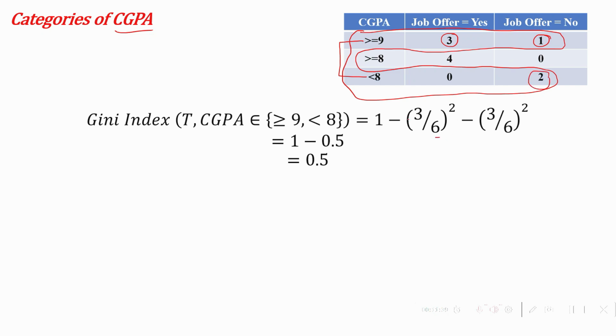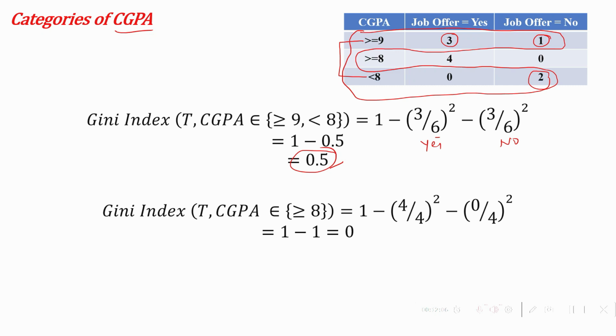Out of 6 elements we have 3 yes and 3 no. So that is equal to 1 minus (3/6)² minus (3/6)², that is 1 minus 0.5, equal to 0.5. So the Gini index with respect to greater than or equal to 9 and less than 8 is 0.5.